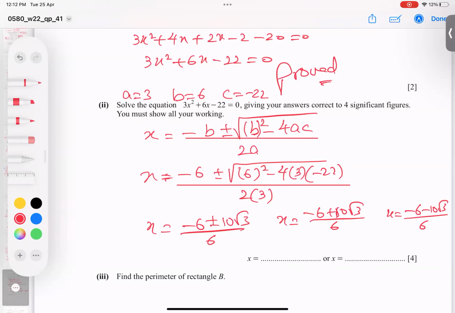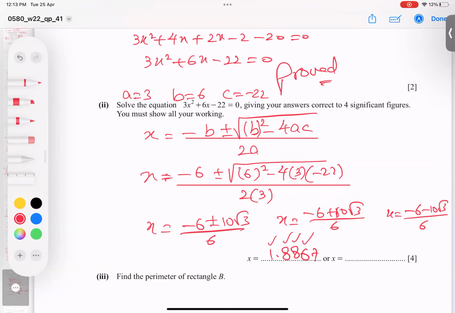And now I can type in the calculator. Negative 6 plus 10 root 3. So my first answer is coming in 3 SF, 1.86667. Sorry, 4 SF, not 3 SF, 4 SF.